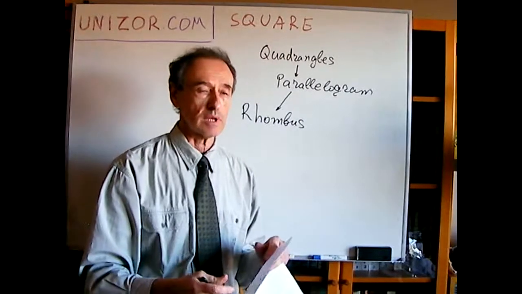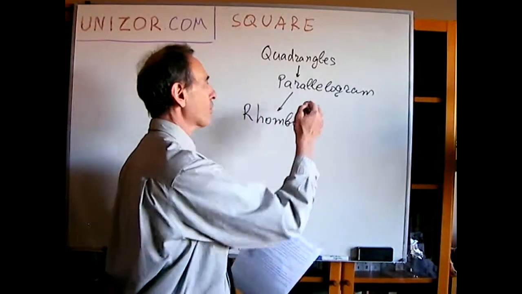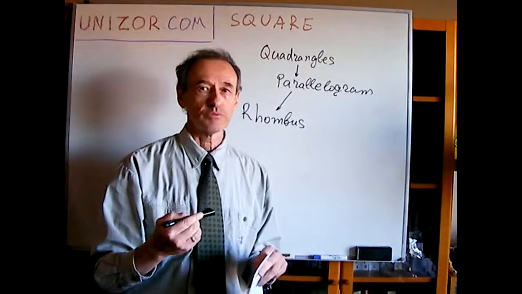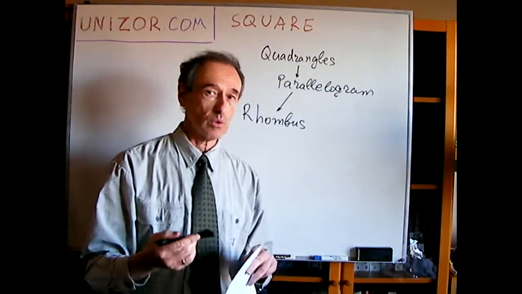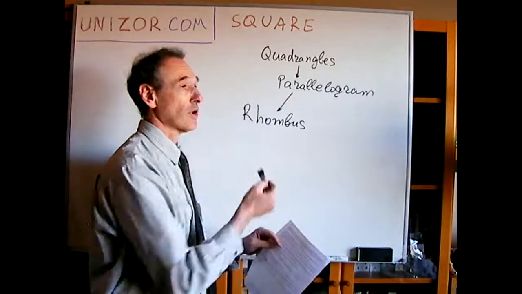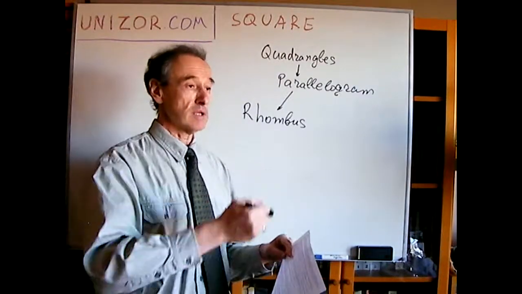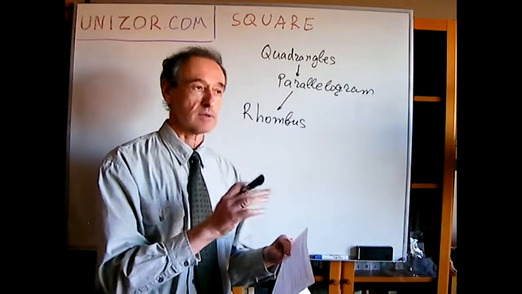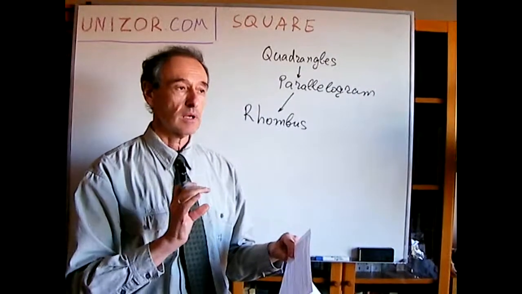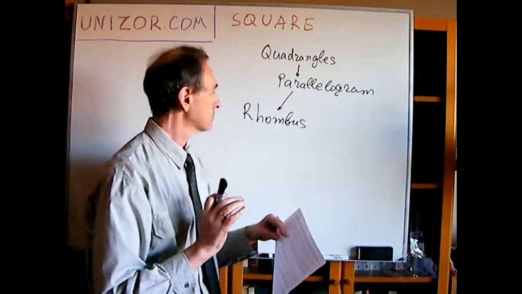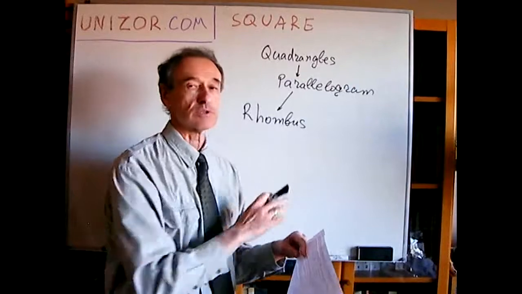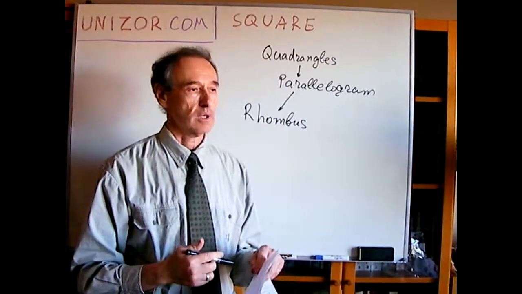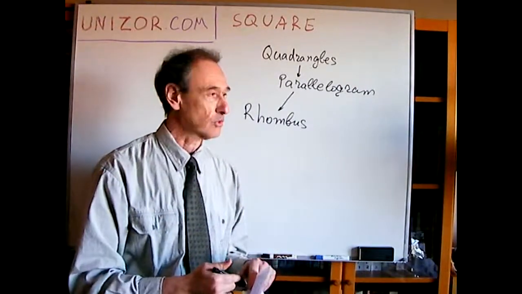What does it mean? It means that all the properties which we have proven for parallelograms, all the theorems, are true for rhombuses as well. In addition, rhombus has certain specific theorems related to the fact that it's a rhombus, which we have also proven.